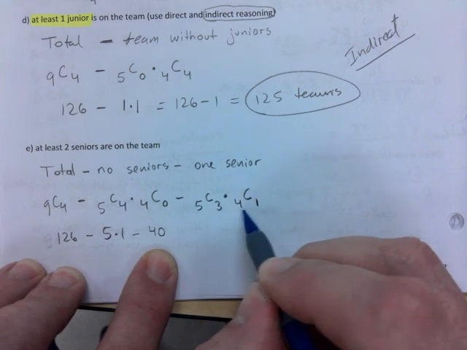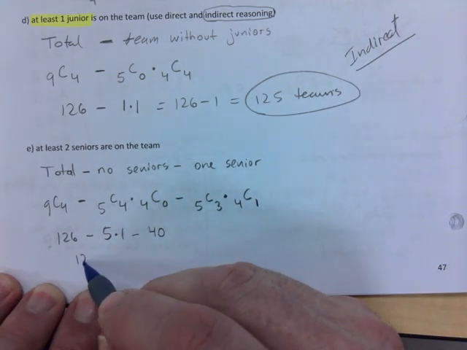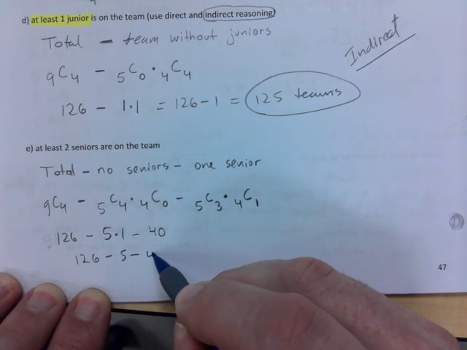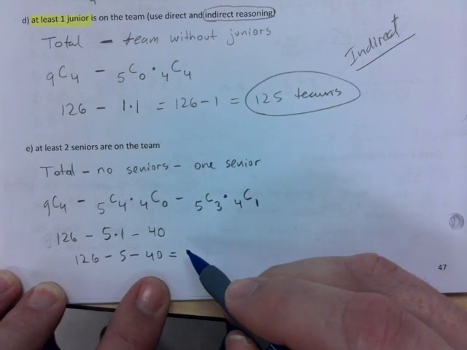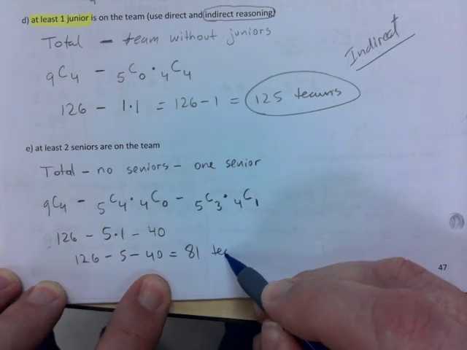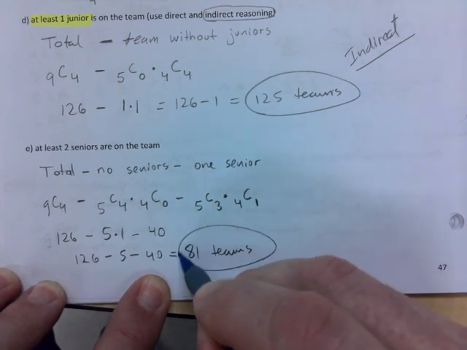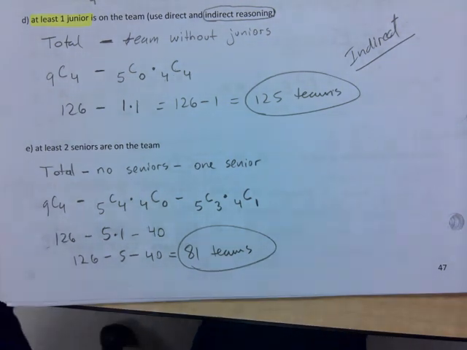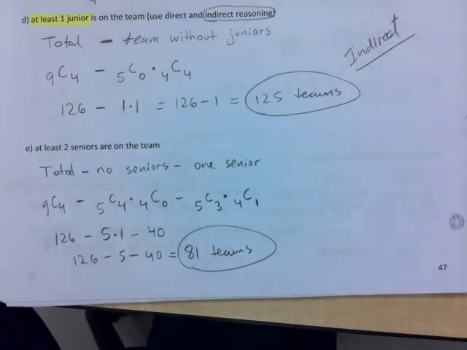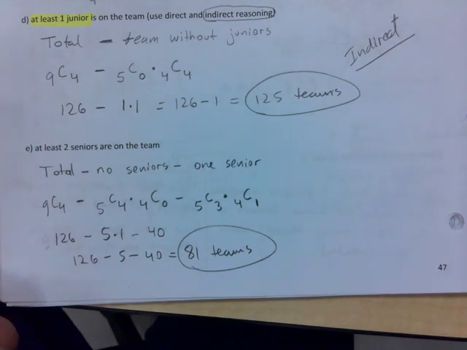I'm just already calculating that. So it's 126 minus 5 minus 40. So that is 81 teams. Just stick with that for now. A little bit more work, but there you have it.